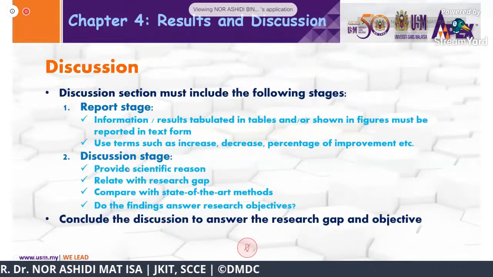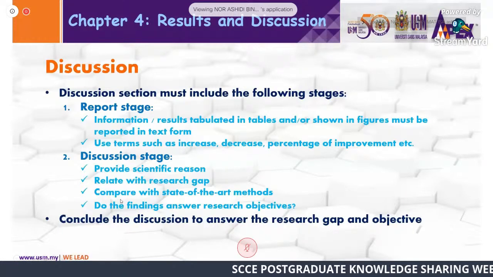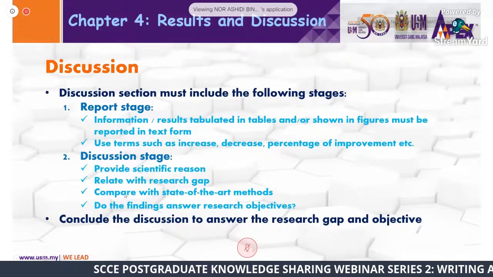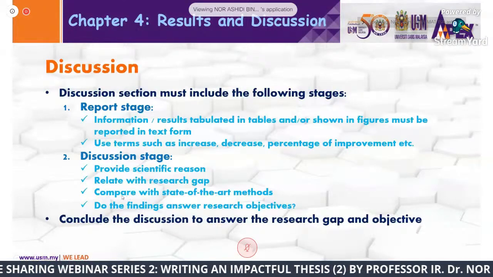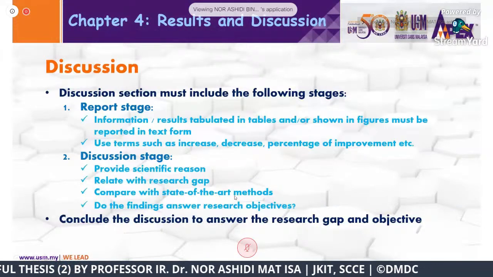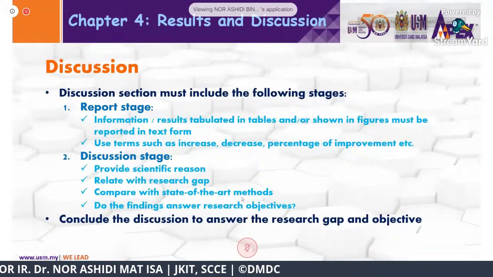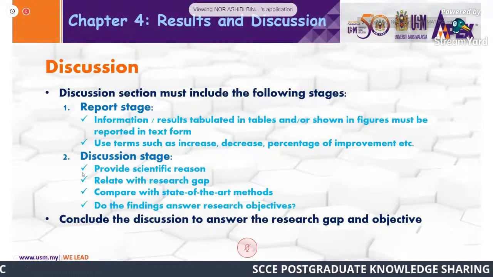The discussion must focus toward your research gap, and when you compare, you must make sure that you show the beauty or the advantage of your technique as compared to the state-of-the-art methods. Why does your technique increase the performance? There must be a reason, so you must discuss that.